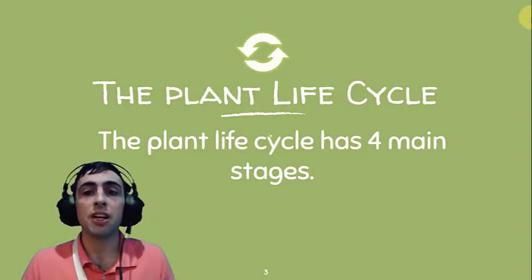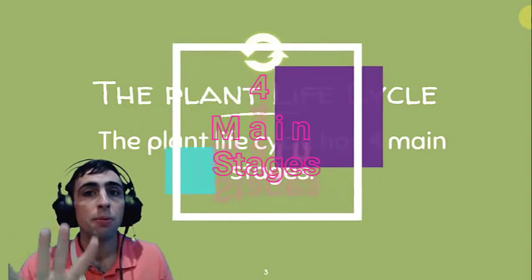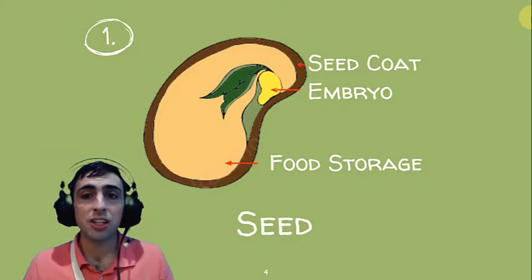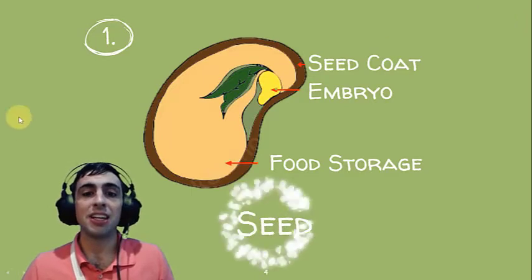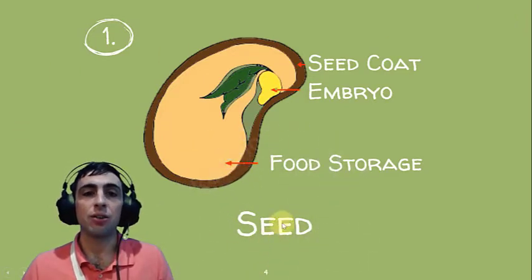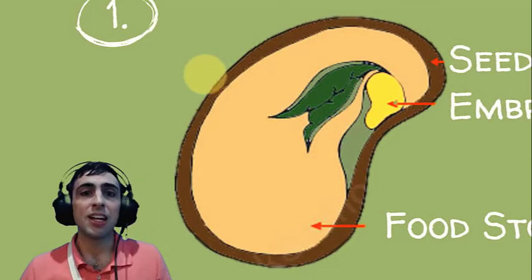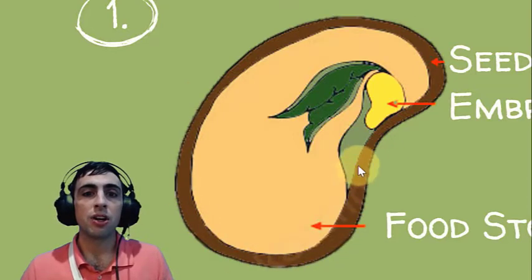The plant life cycle has 4 main stages. The first stage is the seed. We can see a picture of the seed right here. On the outside, we see a brown covering around the seed.